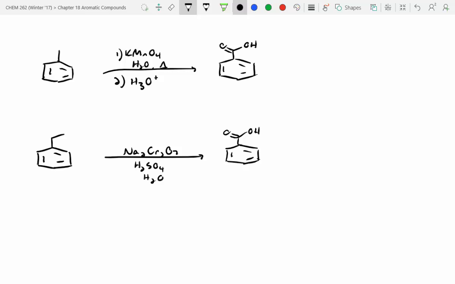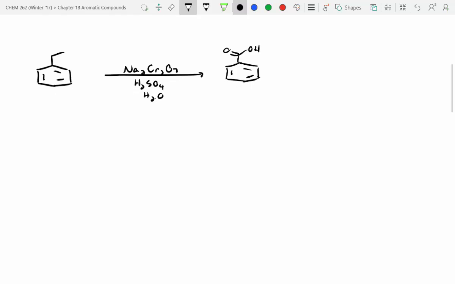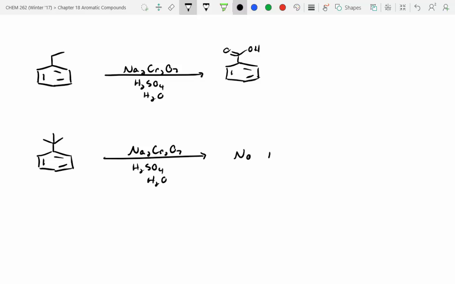The most important thing to remember, though, is that this only works when you have protons coming off of that benzylic position. If you try to do this same reaction with tert-butylbenzene, you're kind of stuck. You get no reaction.